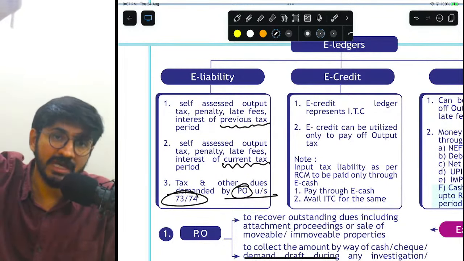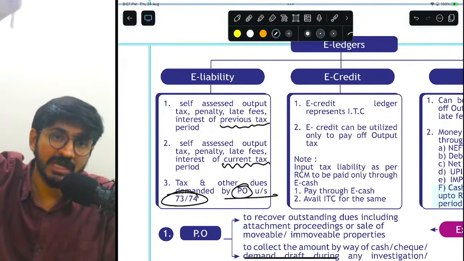So that means I actually imply two things here. Now that you have clearly given it out in the market that ITC is used only to pay off output tax, that clearly means that ITC cannot be used to pay off late fees, interest, penalty. That means this will always be paid through the e-cash ledger.